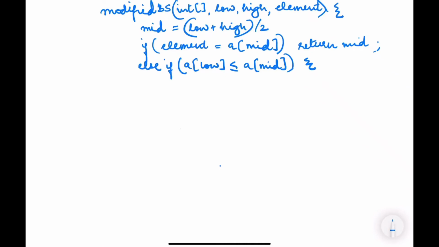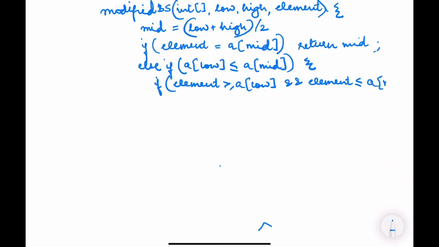So how will we find out? We need to figure out whether that element exists in it. It means that we are going to check if the element is greater than or equal to the value at the low index, and the element should also be less than or equal to the value at the mid index.